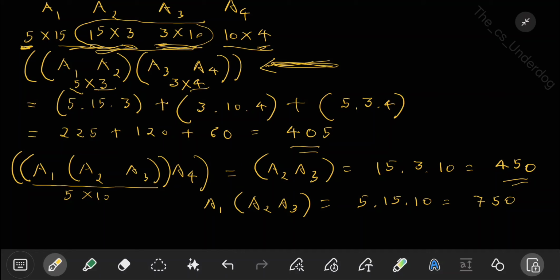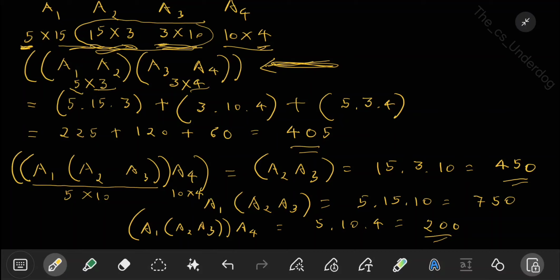Next step is, I want to do A1 into A2 into A3. This result I already have. This I will multiply with A4. A4, we know, is of 10 by 4. So the total number of scalar multiplications will be 5 into 10 into 4. What will this be? 5 into 10 is 50, 50 into 4 is 200.